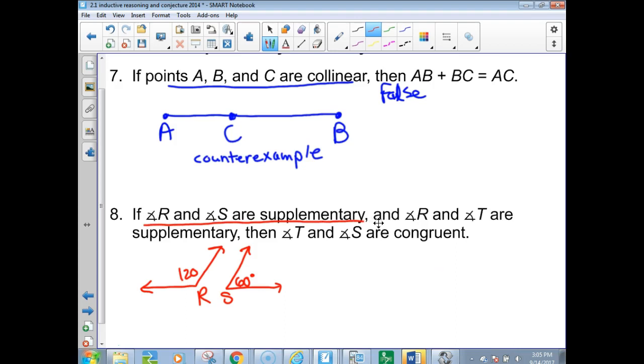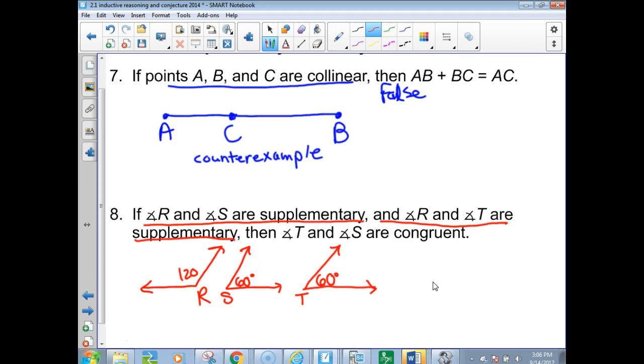And I also need angle R and T to be supplementary. So I need to make an angle T that would be supplementary with the angle R. If angle T is going to be supplementary to the angle R, it would also have to be 60.